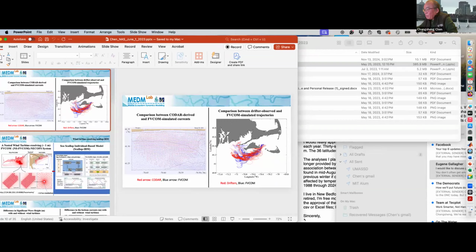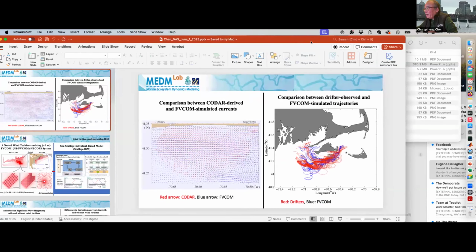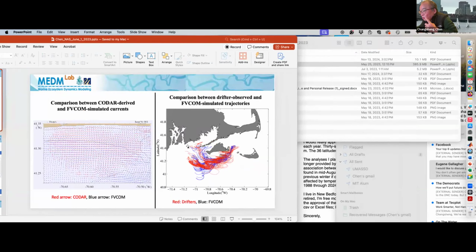We put them here, many, and they go back here first, then later they move out. I think there are more than 20 or 30 drifters here.